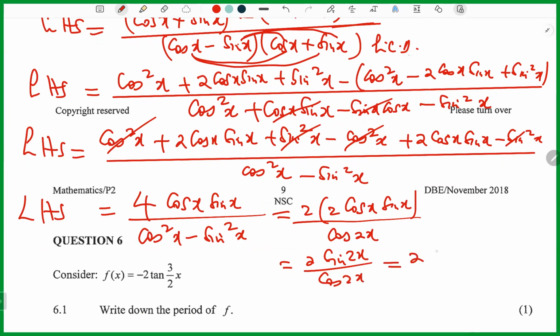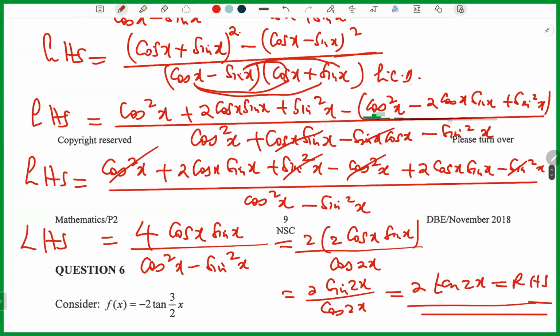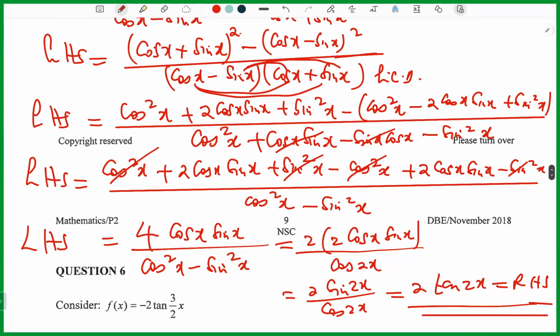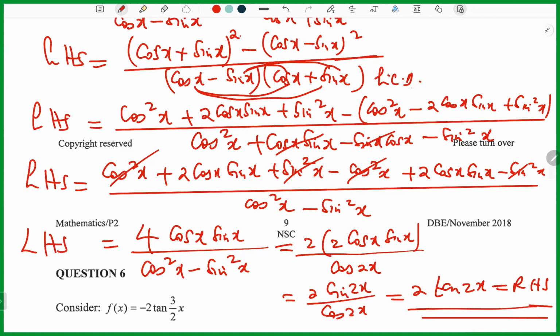What is sine over cosine? It is tan 2x. This is equal to the right-hand side. So we have dealt with this question; it works out to 2 tan 2x, which equals the right-hand side.